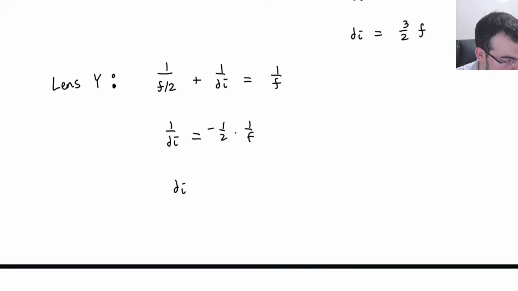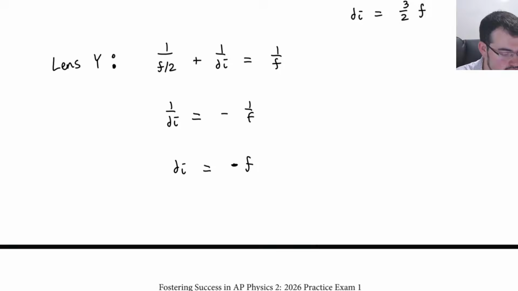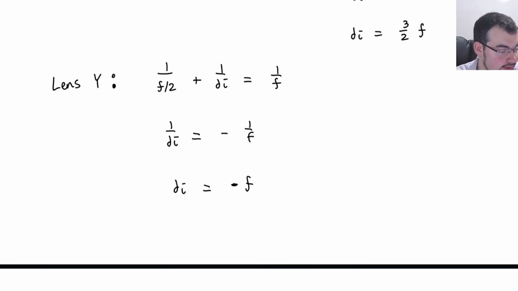No, this is just negative 1 over f. I can't do math. So we get di 2 over f, yeah. So di would be equal to negative f. Oh, sorry, I had a mental thing there.